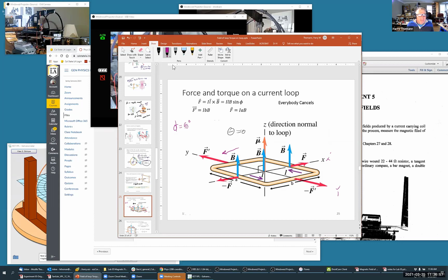So there's no net torque, there's no net translational force. F net is equal to 0, both translational and rotational.